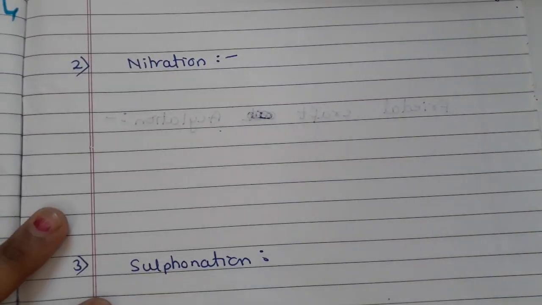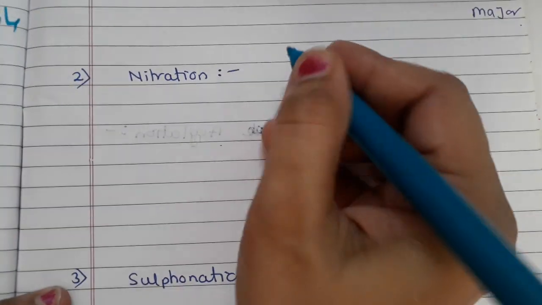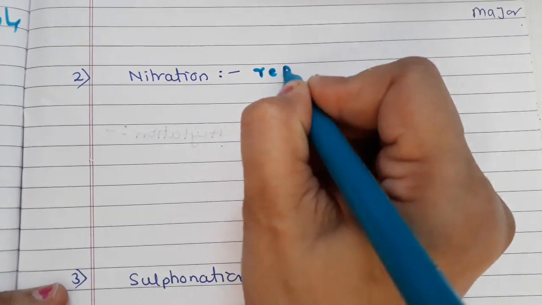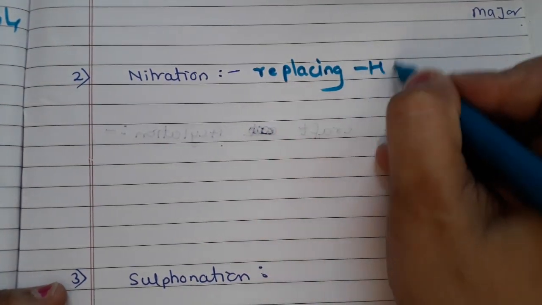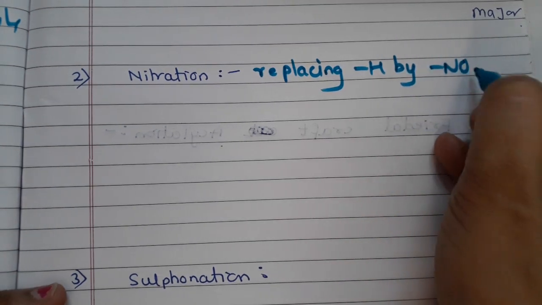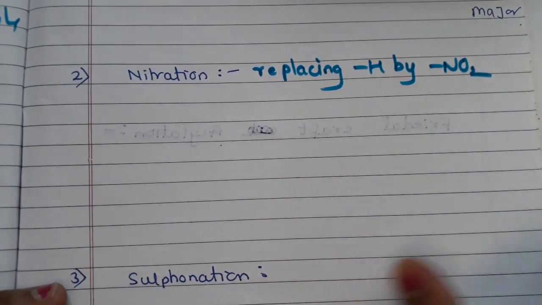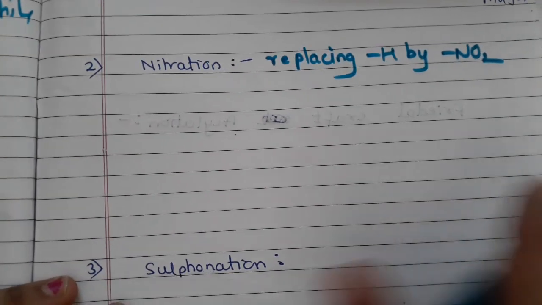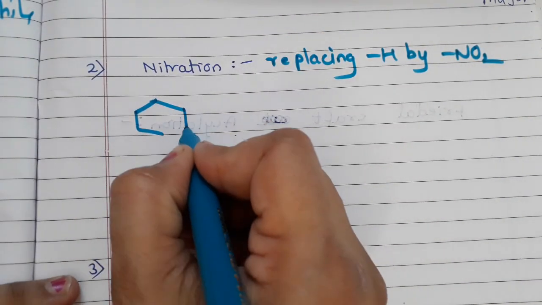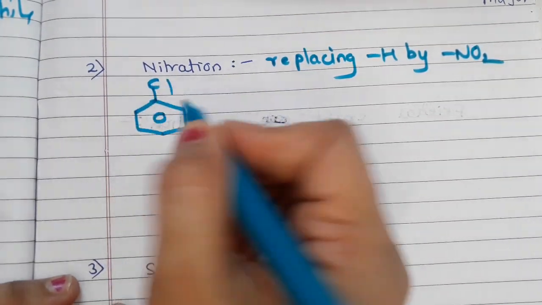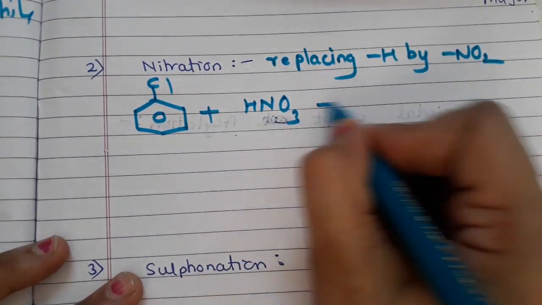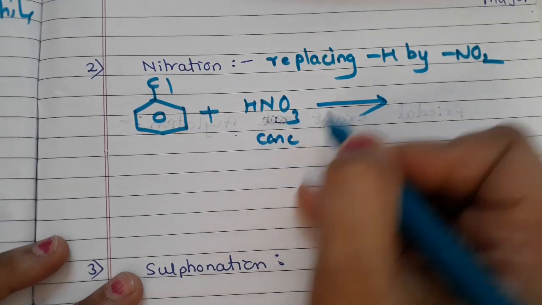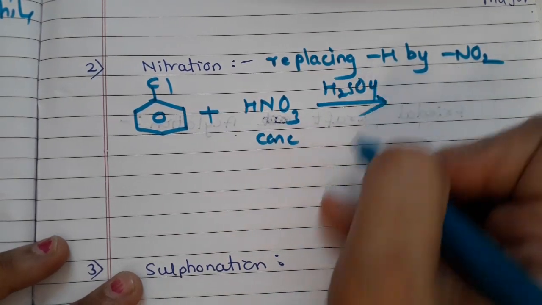Okay, next is nitration. Now what is the meaning of nitration? See, replacing the H by a nitro group. Now I am going to write a reaction wherein we are having chlorobenzene, and I am adding nitrating mixture. Now what is nitrating mixture? Concentrated HNO3 and H2SO4.